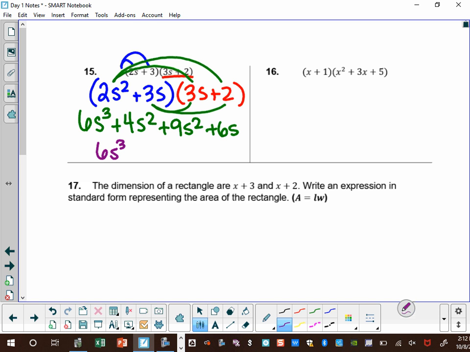What's 4 plus 9? So we have 13, and we keep our variable, s squared. There's nothing to combine with 6s, so I leave it as it is. What you have to be careful about is that when you're multiplying, you add your exponents. When you're adding like terms, it just stays the same.